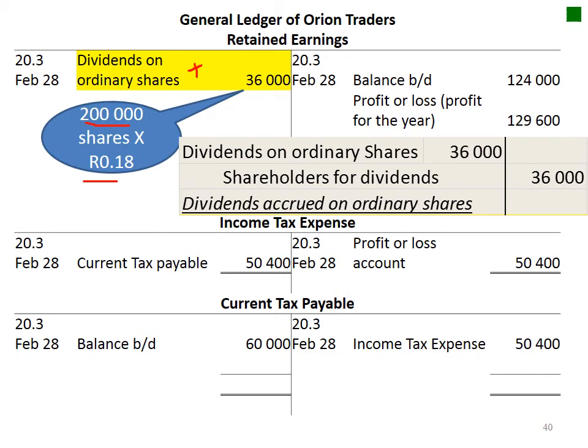So we would have done a journal entry, as I said, where we debited dividends on ordinary shares and credited shareholders for dividends. This entry that you see here now is where we've actually credited the dividends on ordinary shares account and we have debited retained earnings. This shareholders for dividends is the amount that's owing to shareholders and is a current liability at the end of the year.